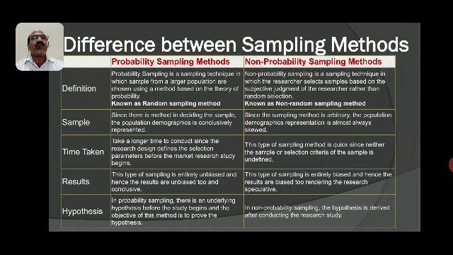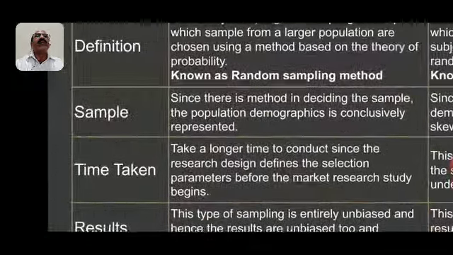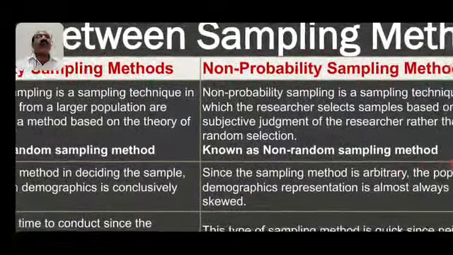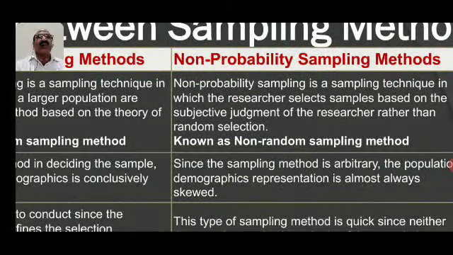All have their own importance. So there are differences in the sampling methods, by definition, by sample, time taken, results, and hypothesis. By definition, probability sampling is also known as random sampling because everybody has an equal chance to be picked up as a sample. In non-probability, it's non-random. That means some criteria is there in the mind of the researcher.